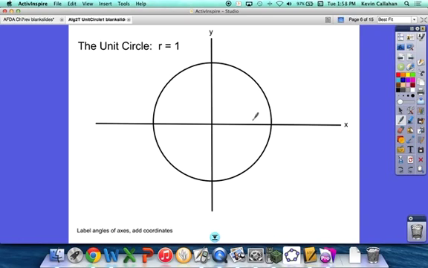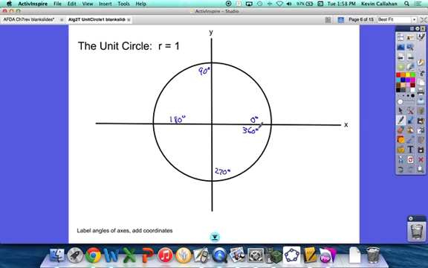We've already said this could be called 0 degrees, and this can be 90 degrees. This will be our 180 degrees, 270 degrees. And if we come all the way around the circle once, we're back to 360.